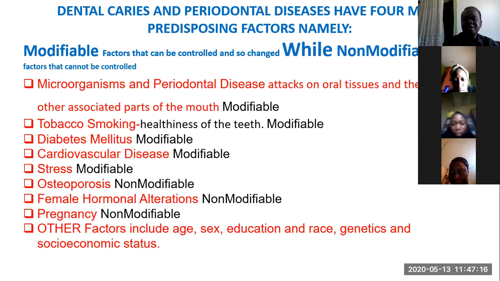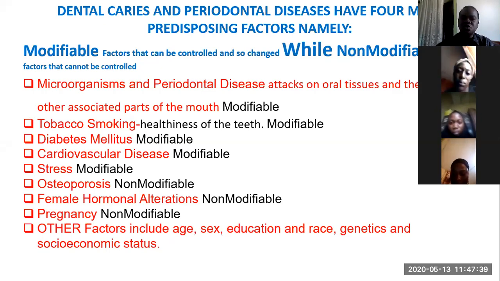These are modifiable dental problems. Then somebody who smokes continuously, that is a modifiable one. Modifiable problems are factors that can be controlled. These are factors that cause periodontal disease and dental caries that can be controlled.